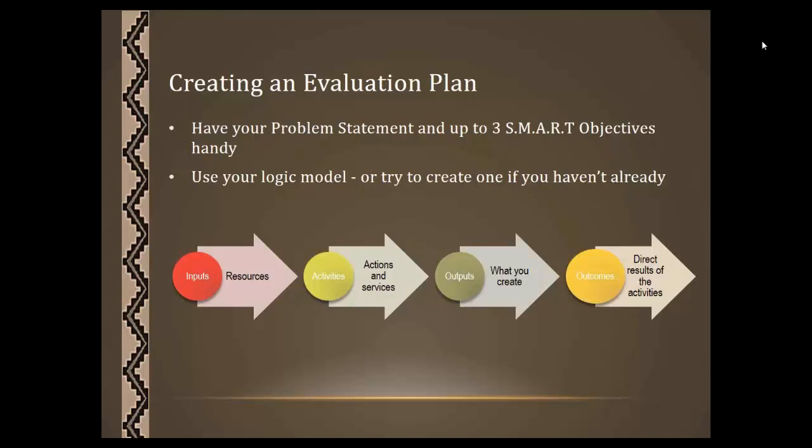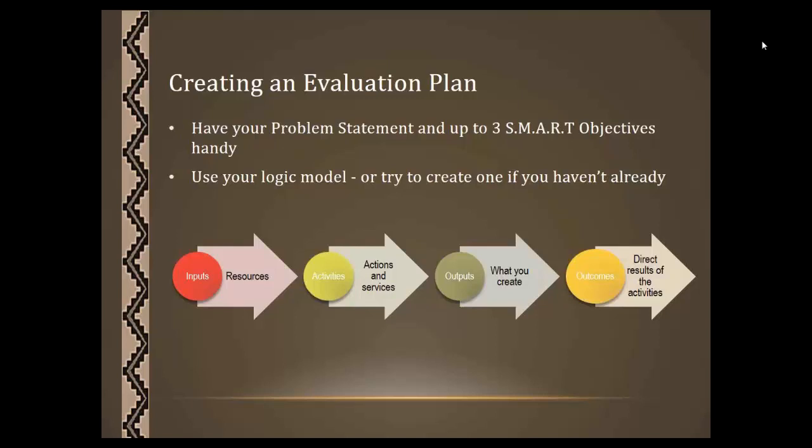When you're designing your project, you want to try to put numbers in your outputs, so take a look at your project design first of all and try to wrap your arms around what is a feasible number. You do want to include numbers when you're designing your logic model, and you're going to use that in your evaluation plan.